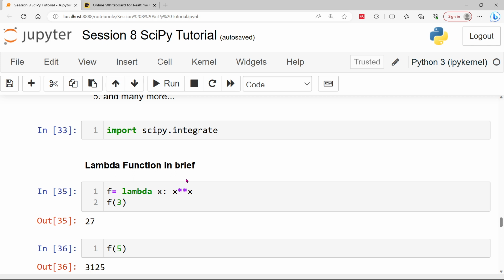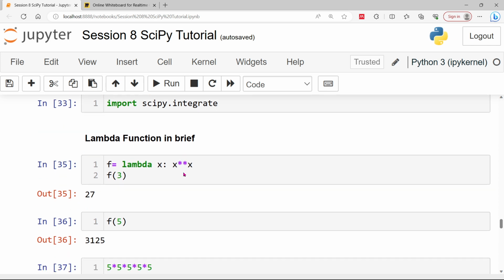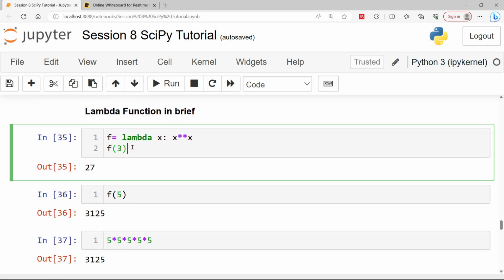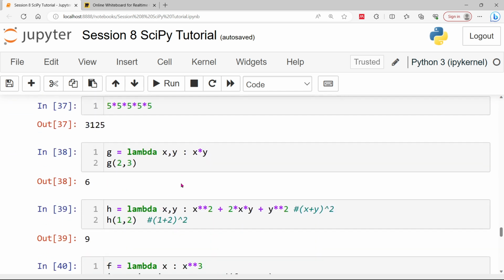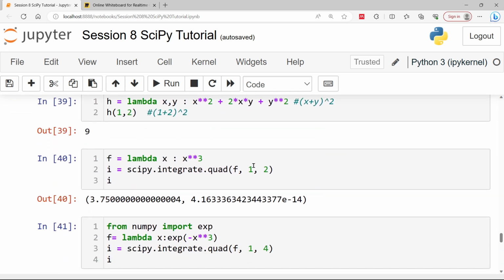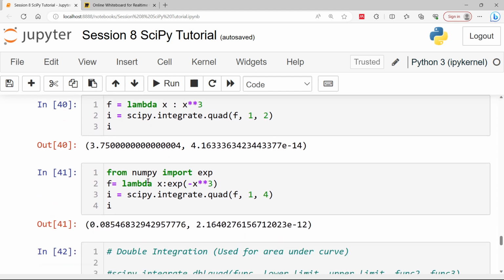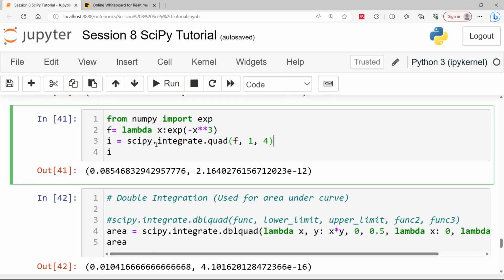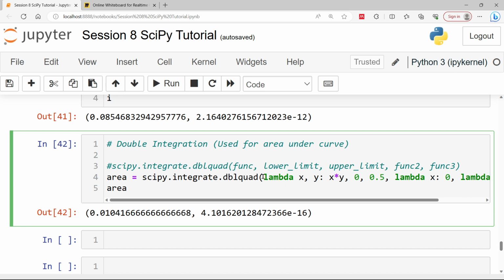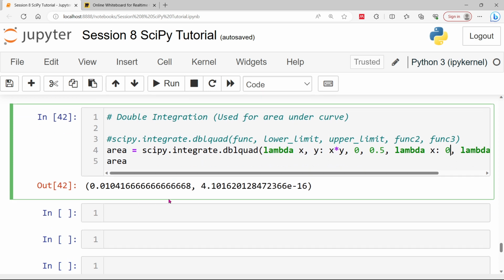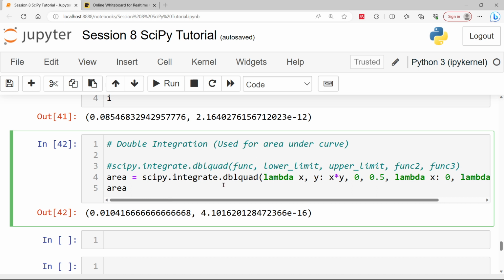Then we talked about different issues that have come up since the last session. It includes lambda function in brief, then lambda function for complex functions, integration part for the same, then integration for the quadratic value, integration combined with lambda functions, then we have the respective solution for the same.